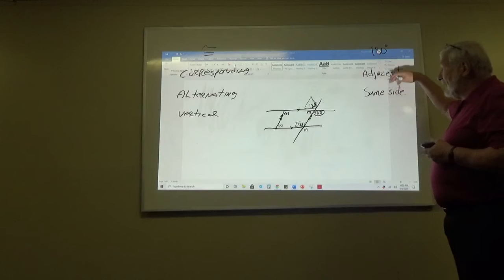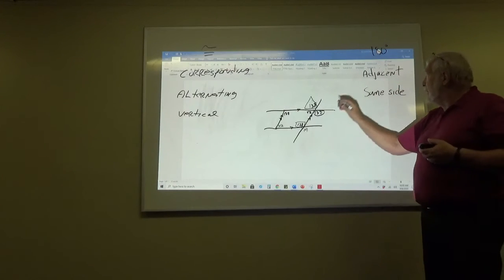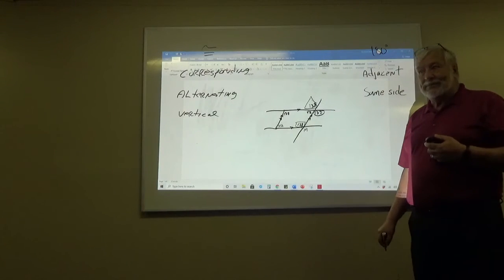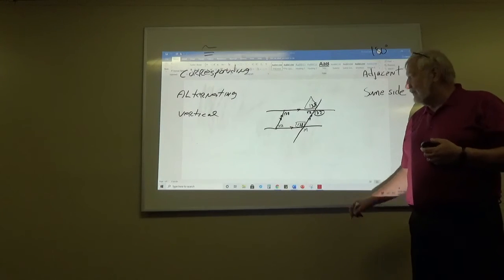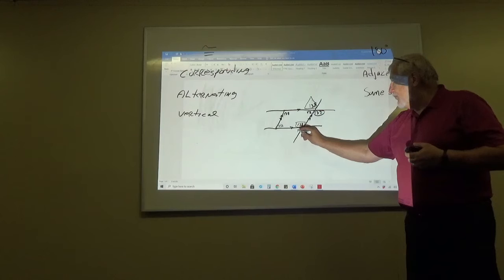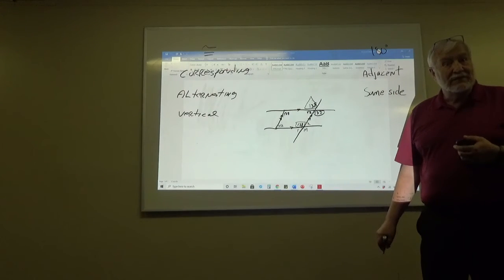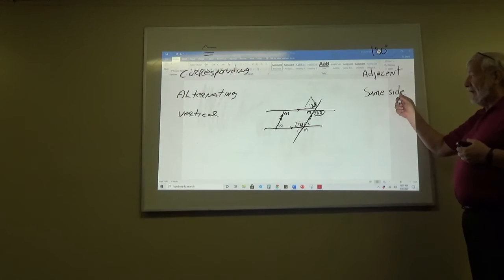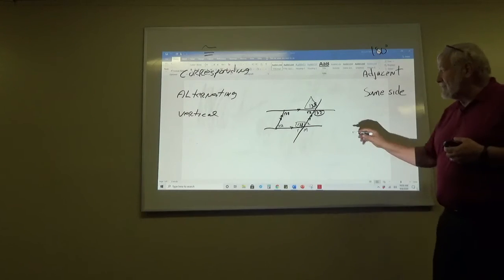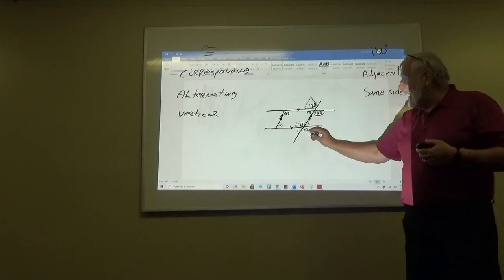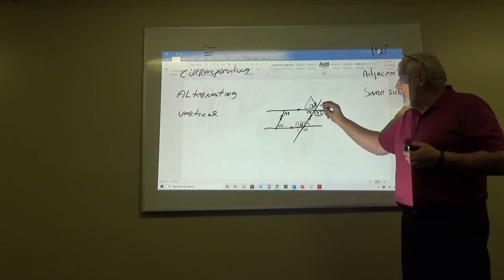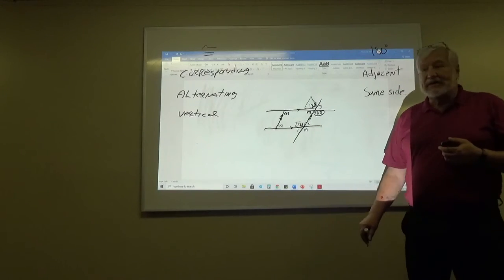Now, what about these? M is adjacent to which angles? No, 1 and 2. It's adjacent to 1 and 2. Okay? What about same side? In this case, it would be same side exterior. M and 3 are same side exterior.